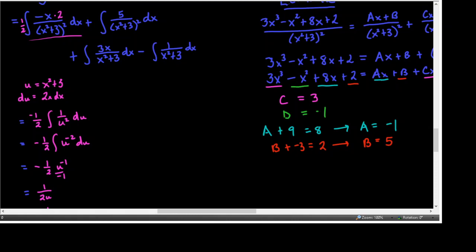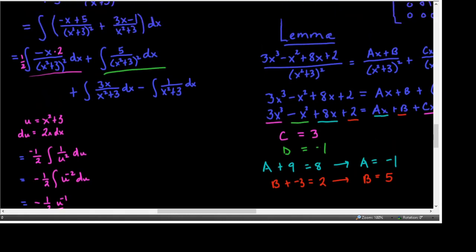All right, now for the second one. This one right here. Let's see, what technique can we use for that? Well, I'm going to need to do another lemma. That was lemma number 1.